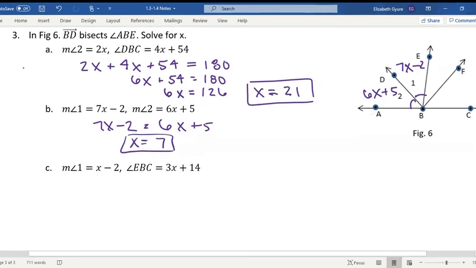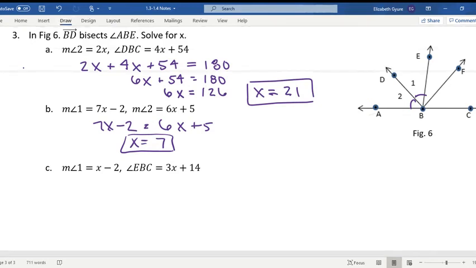And then last one, for part C here, you're told that the measure of angle 1 is x minus 2, and the measure of angle EBC, that's this part here, is 3x plus 14, and we need to solve for x.